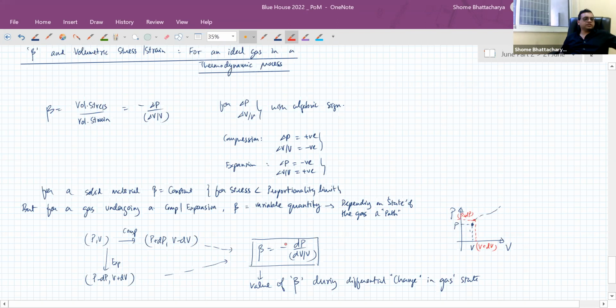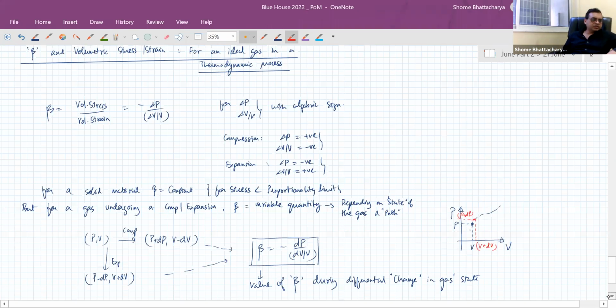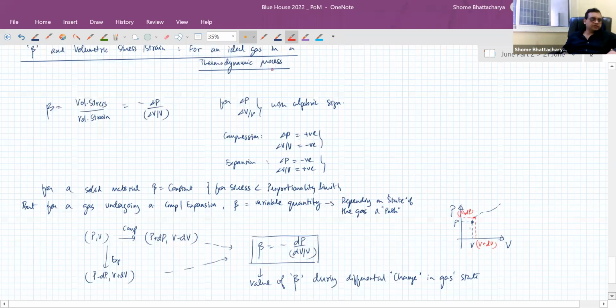So during that small change, where the pressure has changed by the differential amount dP and the volume has changed by the differential amount dV, whether it is a compression or a rarefaction or whatever be the case, we can see that the instantaneous value of Bulk's modulus at that moment will be given by this relation.